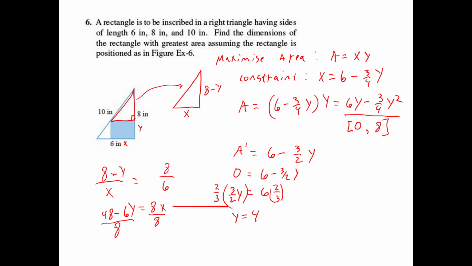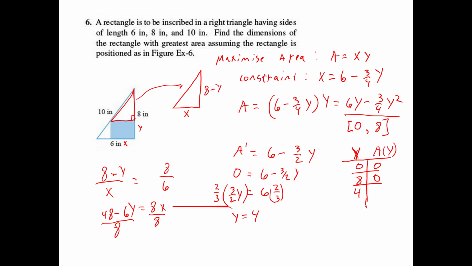We need the dimensions, but we still have to figure out which one is my absolute max. Of course, when I put in 0 or 8 for y in a of y, I'm going to get an area of 0. So probably I have to get a bigger area than 0 at 4.